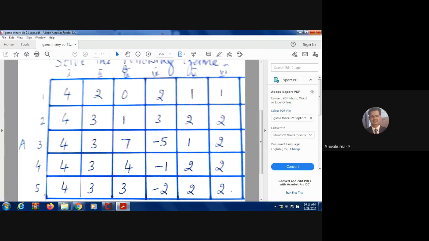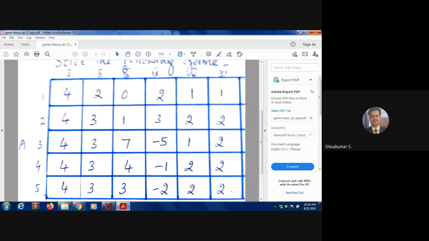Check out whether any other rows are dominated by any other rows. Your basic objective is to reduce the entire matrix into a 2 by 2 matrix by using the dominance rule. For rows you remove the smaller values, for columns the larger values, but right now you take only rows.